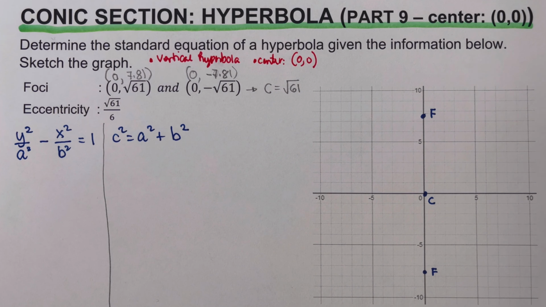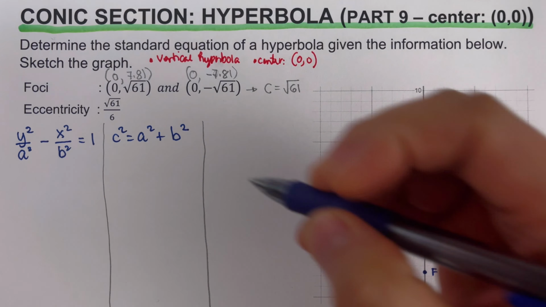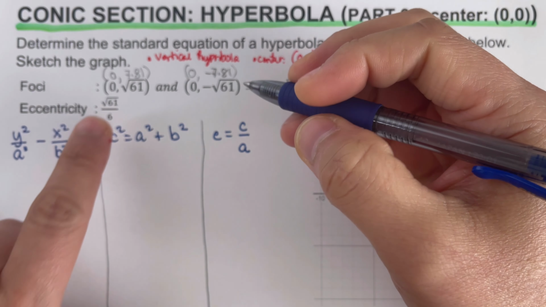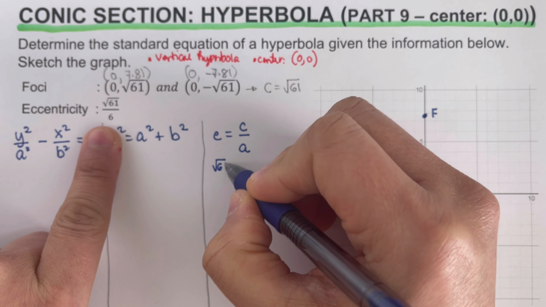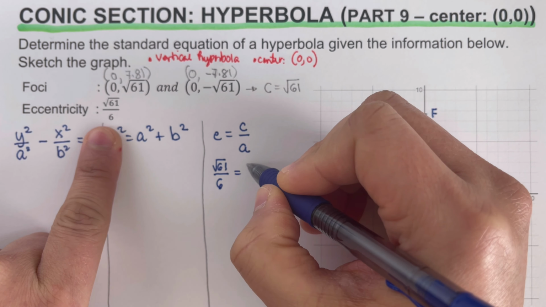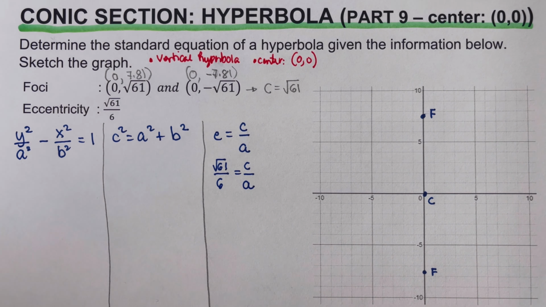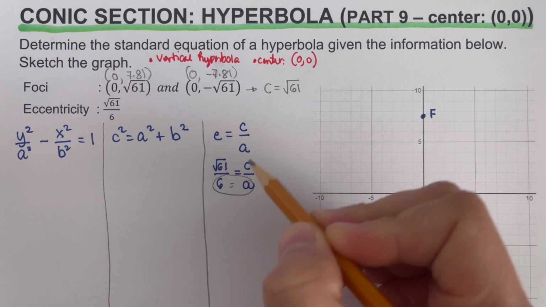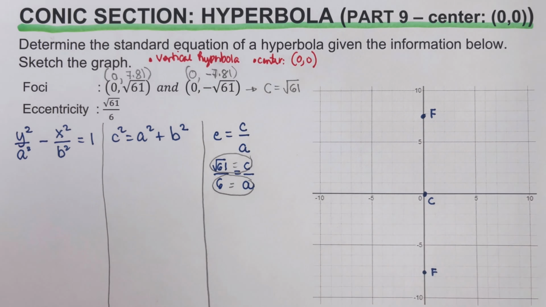Now, we remember that eccentricity has a formula of e equals c over a. Since our eccentricity is square root of 61 over 6, so I'm going to write square root of 61 over 6 equals c over a. So looking at this, we can go ahead and say that our a is 6 and our c was actually square root of 61. That's what we got from there.